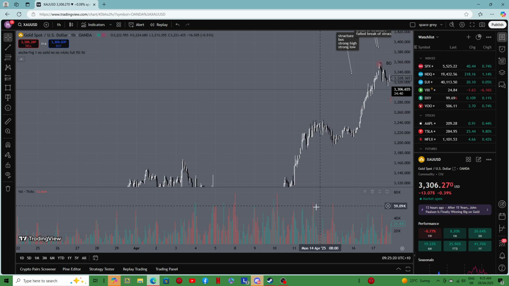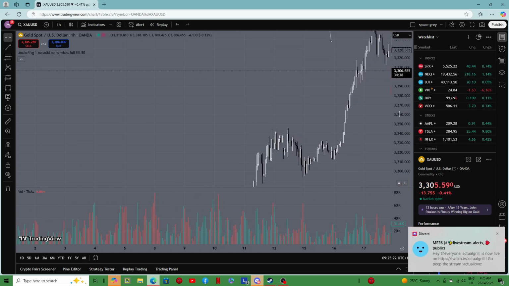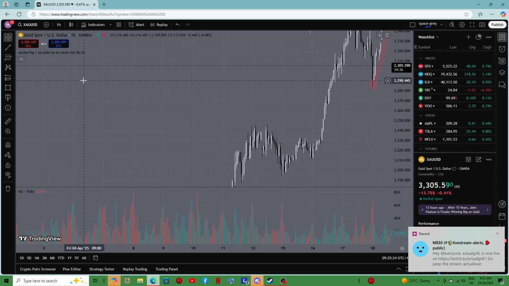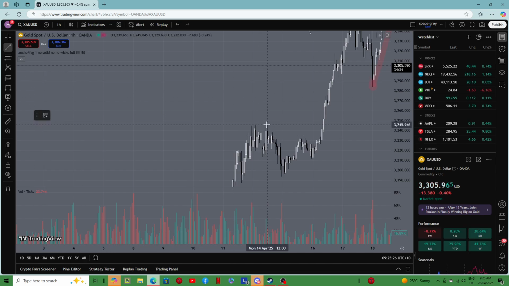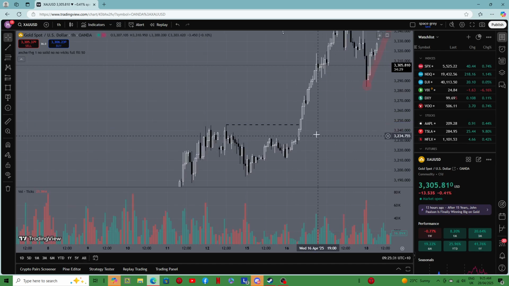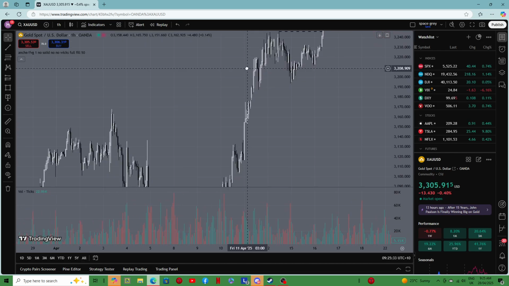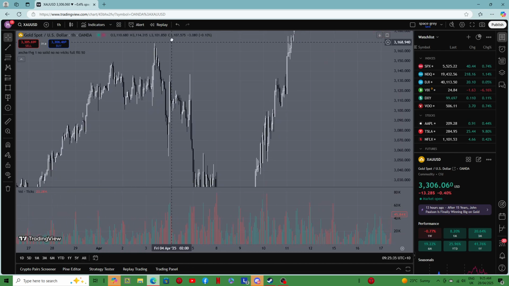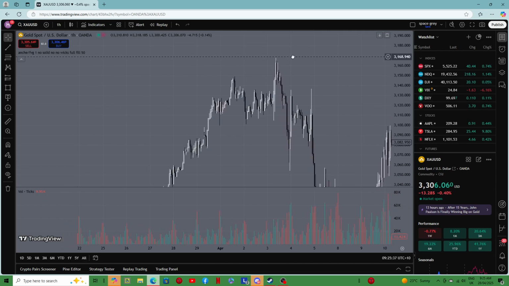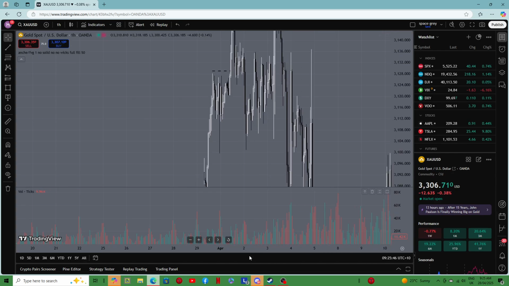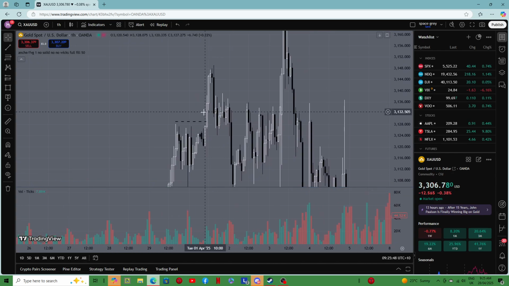But a failed break of structure, maybe. It's a break of structure because it's past more than 50%. Here, this is what we would consider a failed break of structure because it didn't surpass.